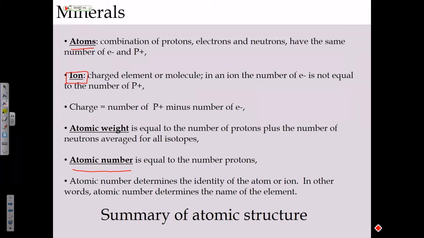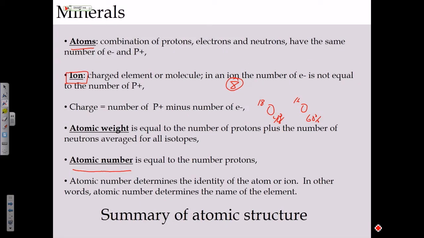So in some cases, for instance, we have oxygen 18 and oxygen 16, and they exist in nature in different proportions. So let's say 16 is 60% of all oxygen, and 18 is 40%. 18 is actually heavier than 16. It's got the same atomic number. The atomic number for oxygen is 8.